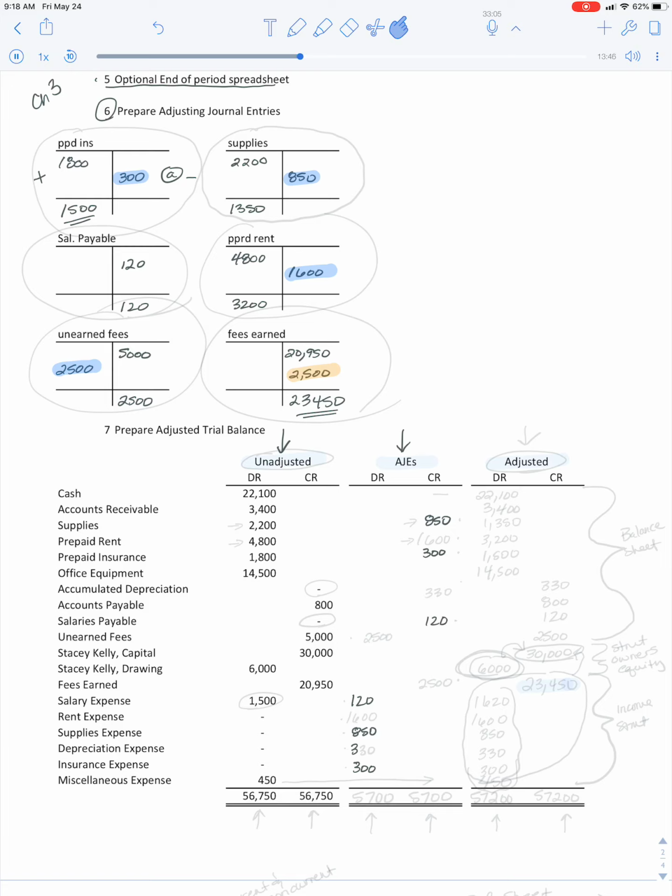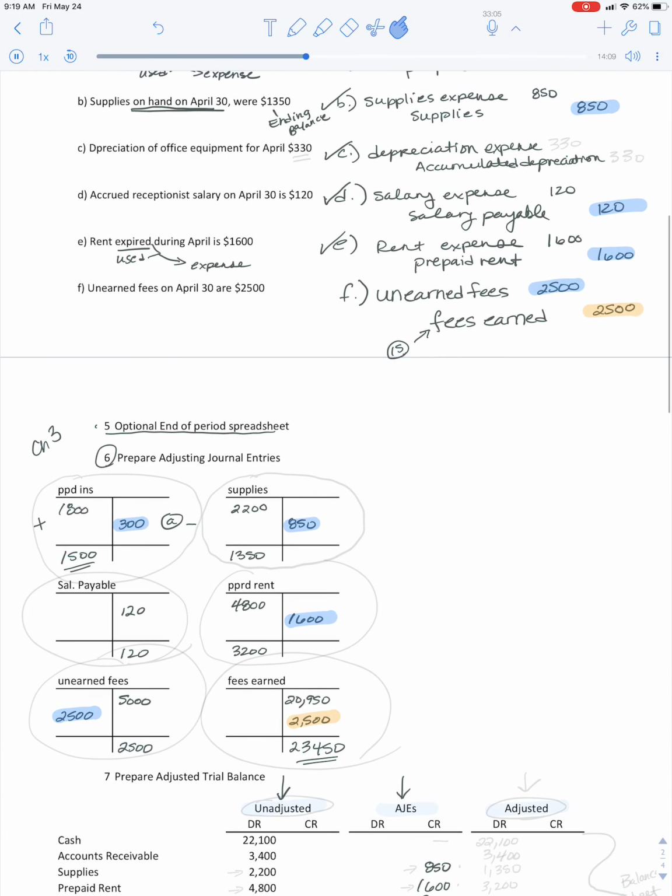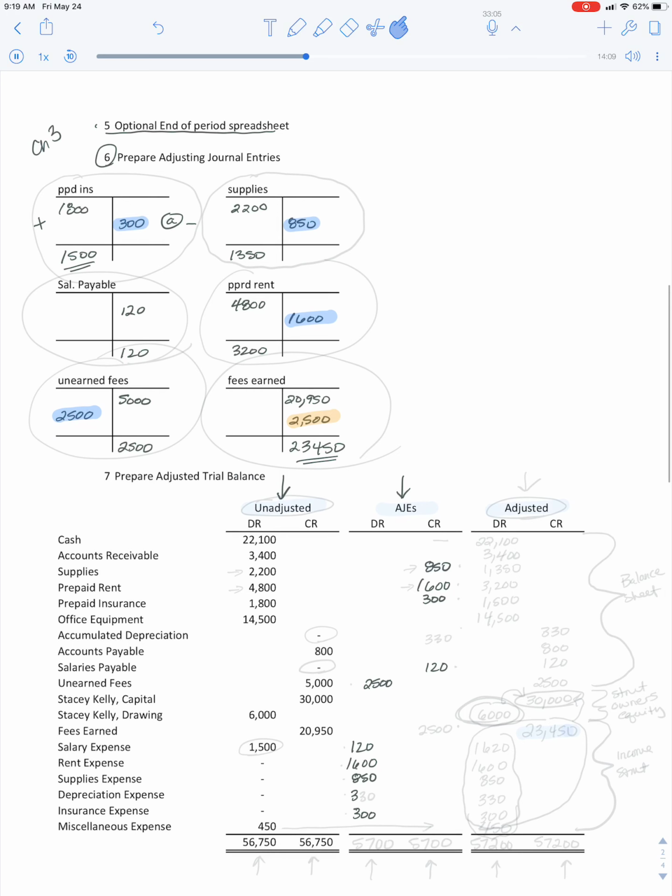So rent expense, prepaid rent, and lastly, unearned fees and fees earned. So unearned fees, we debited for $2,500, and we credited fees earned for $2,500.